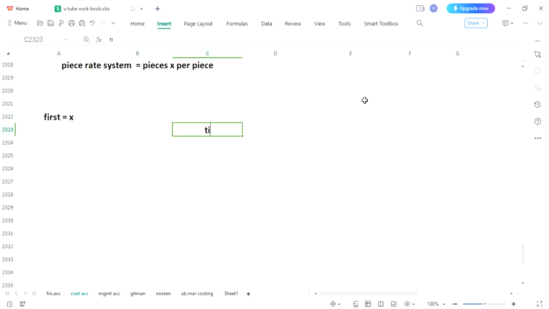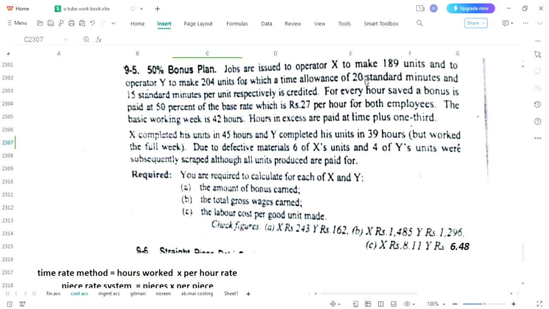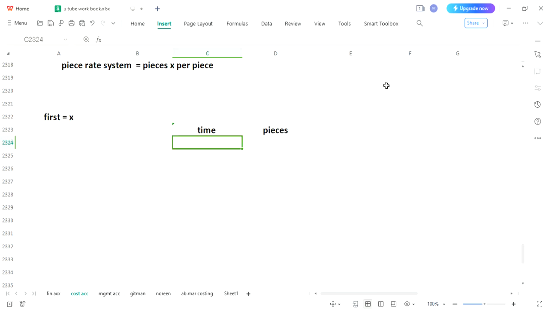Since the discussion is about time and pieces, how much time is given to X is 20 standard minutes. 20 minutes are given to produce one piece. So we need to know how many pieces we should make, or how many minutes are needed to make certain pieces.